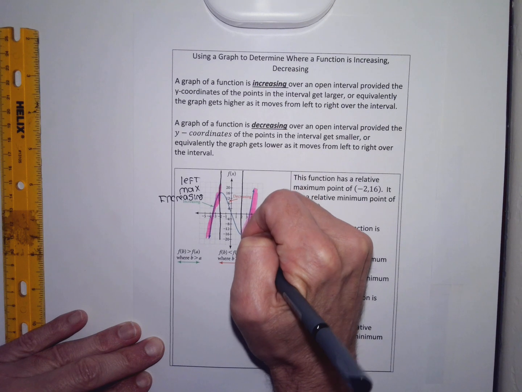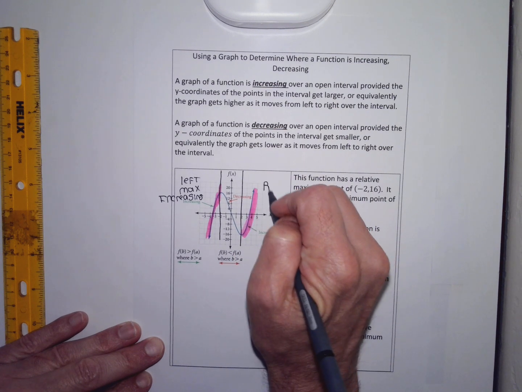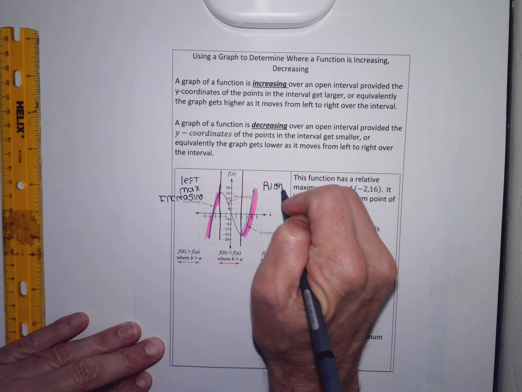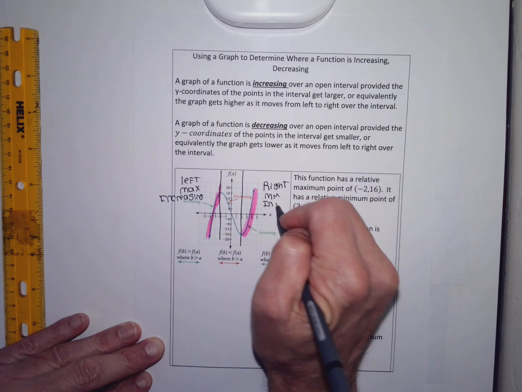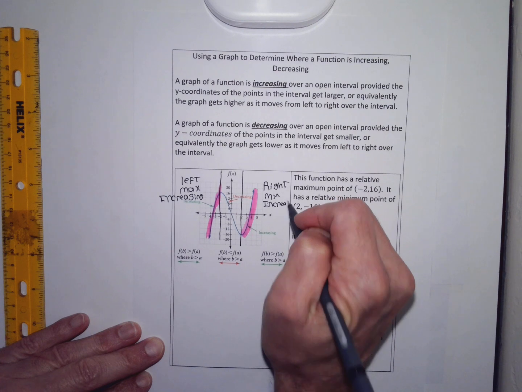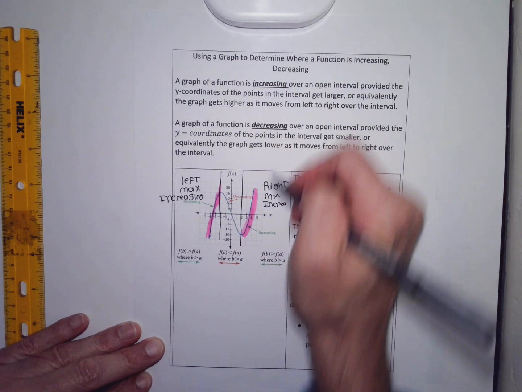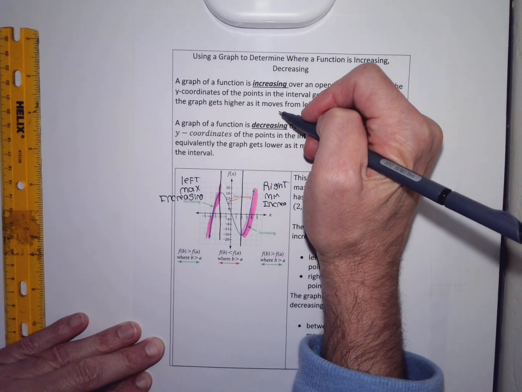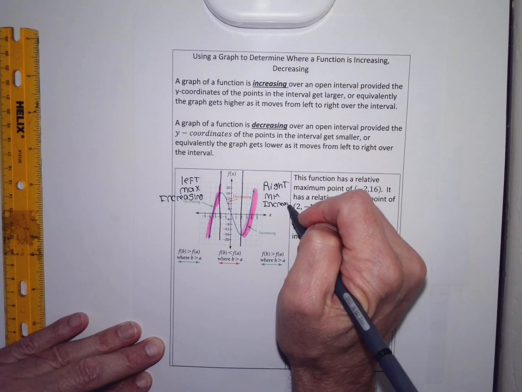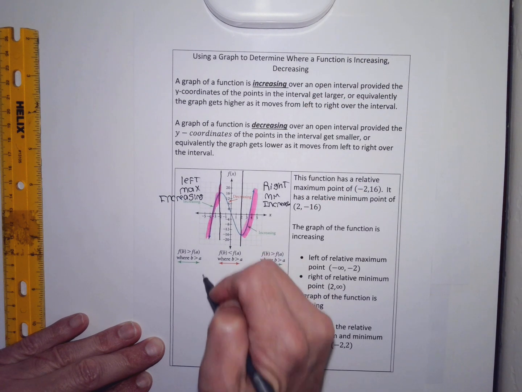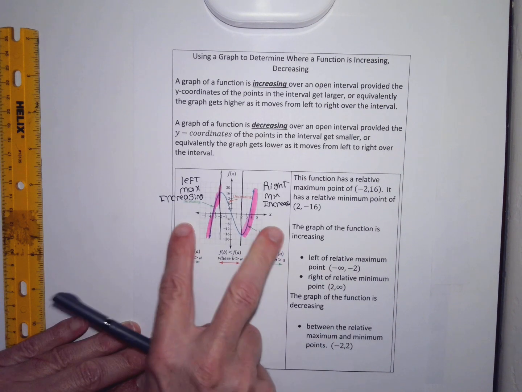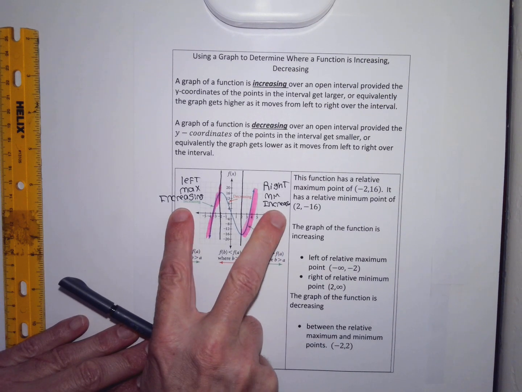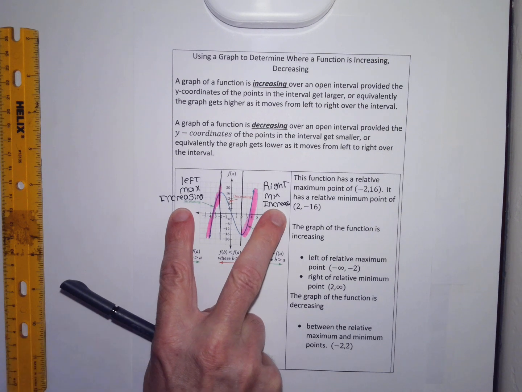Similarly, the region to the right of the minimum point is also considered an increasing interval, because just as you're drawing naturally, if your marker is going higher, pulling away from you, that's an increasing interval. If you're drawing and your marker is getting close to you, that's a decreasing interval. So these two outside regions are considered increasing intervals.